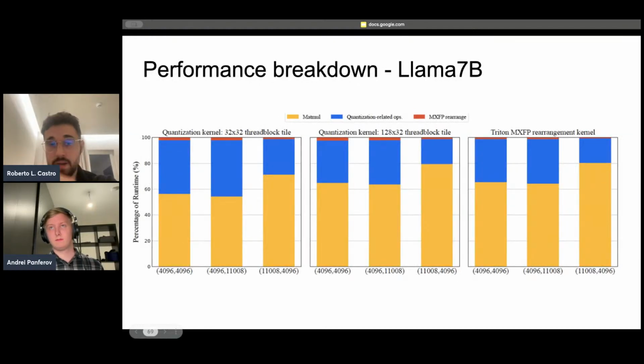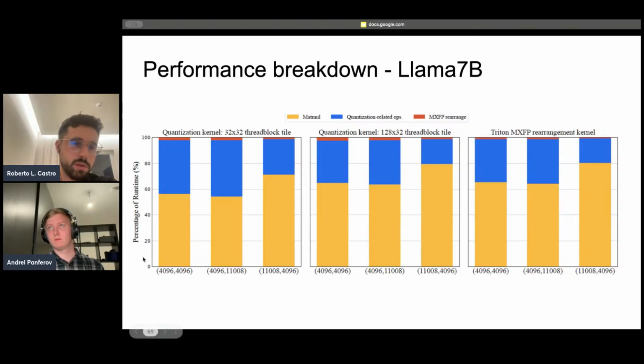So here I have a performance breakdown for some layers of a Llama 70B model. And here the y-axis shows the percentage of the runtime that each of these three methods take, right?